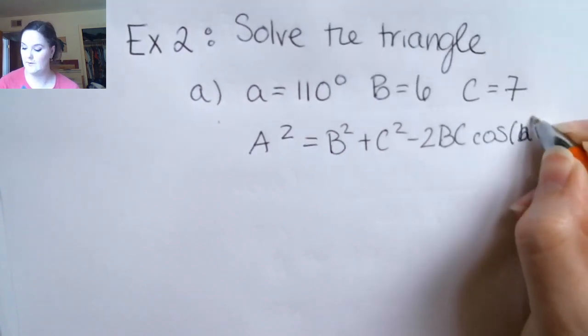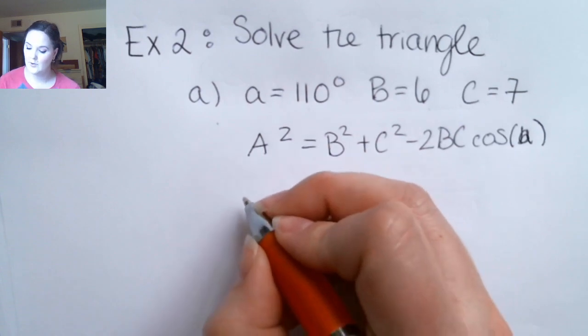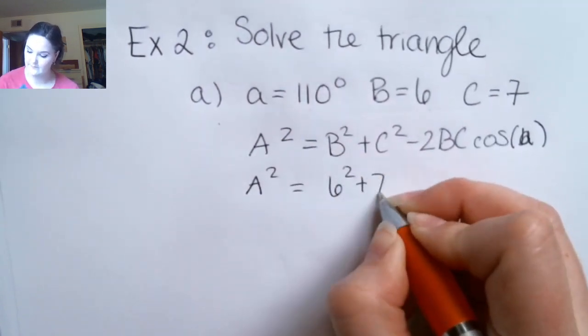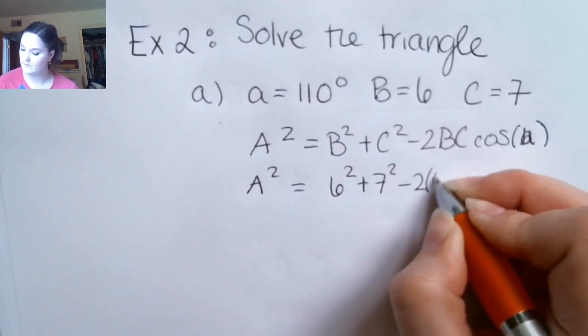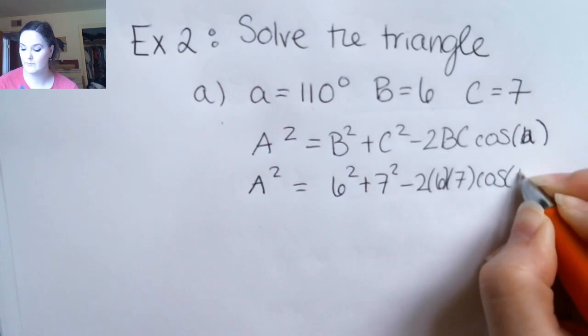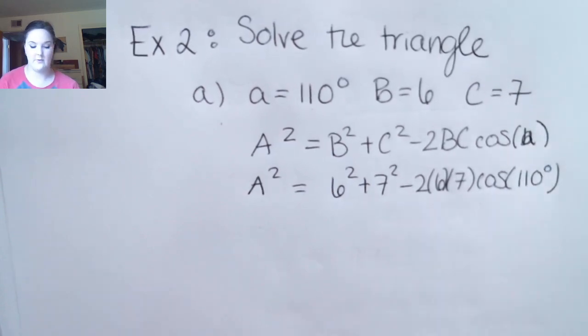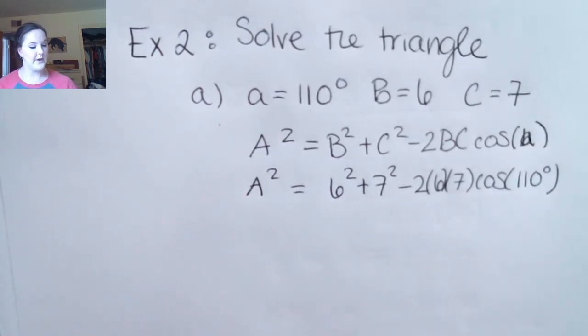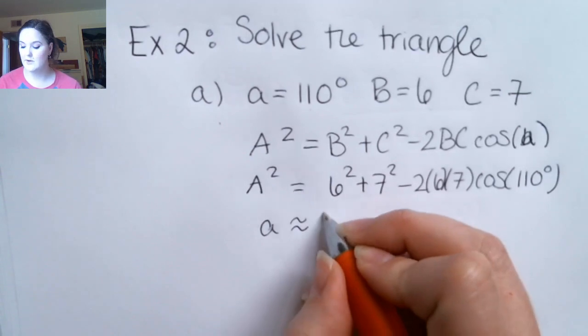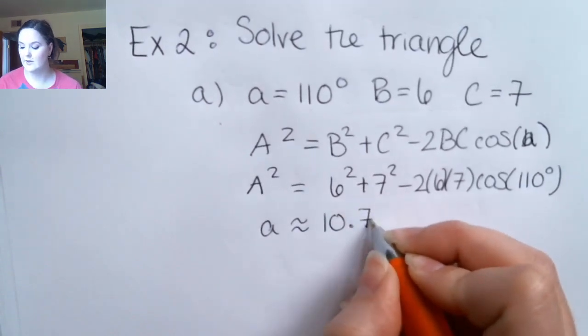Oops, cosine of A. Okay, and we're going to fill in our known values. Okay, and this will give us our value for A. Okay, using our calculator, we get that A is approximately 10.7.